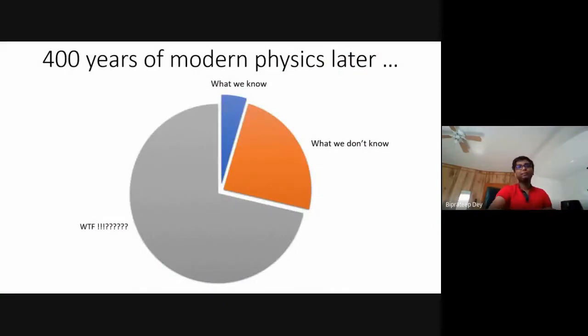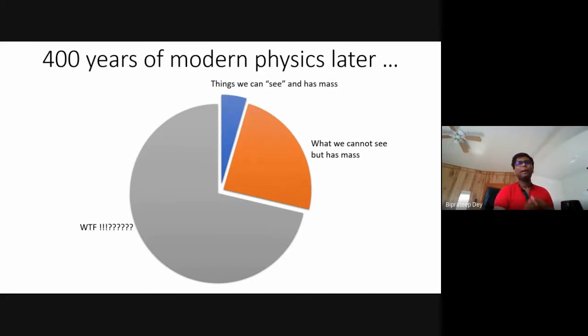So, all known physics can be considered to be this tiny sliver, tiny blue sliver in the pie chart. What we do not know is a lot. What I mean by this pie chart is if you look in the sky and just count somehow the things that we can see and also has mass, those are the things that we understand.